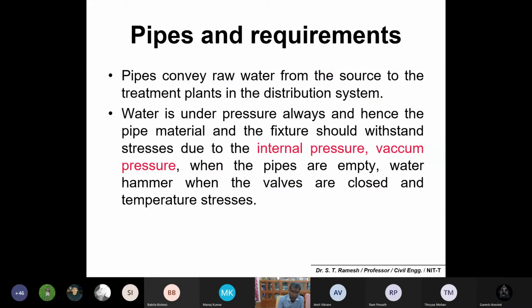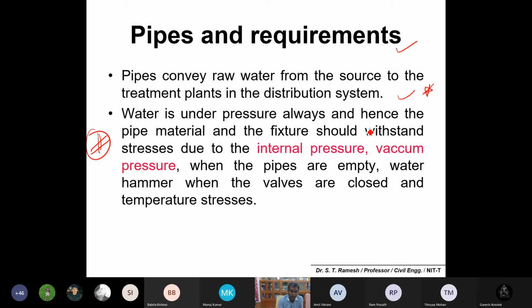These are pipes and there are also other requirements. Please make a note of some points you have to remember while designing a pressure pipe. Normally these pressure pipes convey raw water from the source to the treatment plant and in the distribution systems. This we have also discussed.